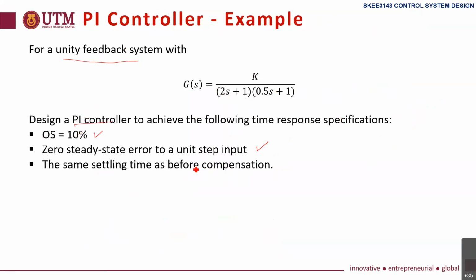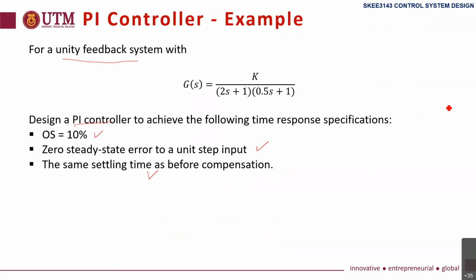We want the same settling time as the one before compensation, or before we apply controller. We normally solve this, but this is just an example for a second order system. We can calculate by hand actually, but normally to show, we will use root locus to get the value.